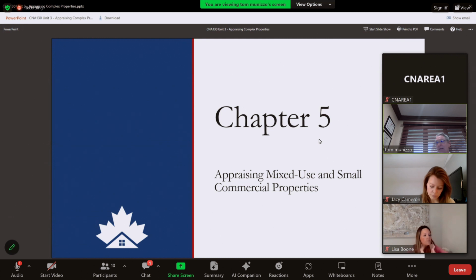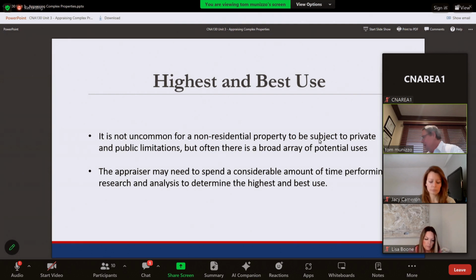All right. Mixed use and small commercial properties. Get lined up with the textbook again.